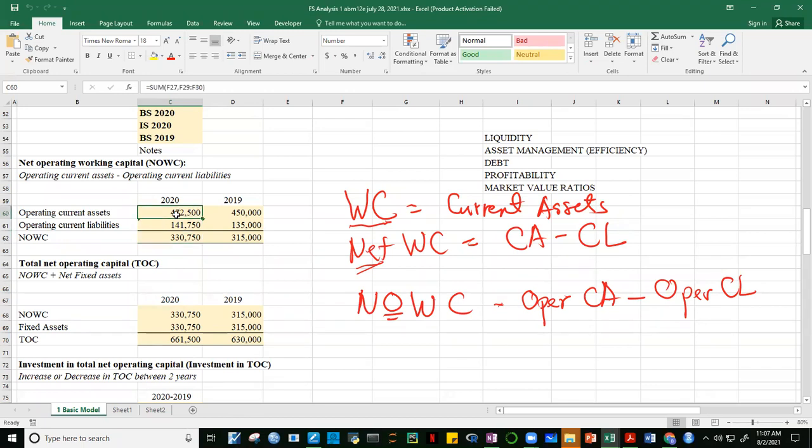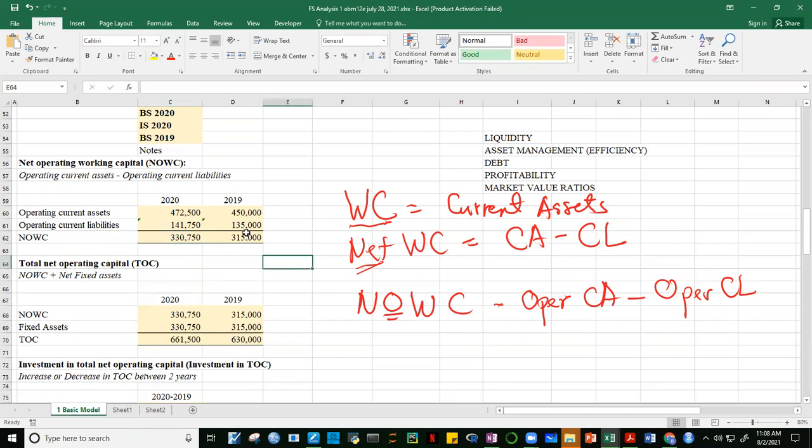So our operating current assets, if I flash the formula, is just the sum of your cash, F29 is your receivables, F30 is your inventories. And for our operating current liabilities, this is the sum of your accounts payable and your accruals. If we net that, we get 337.50.